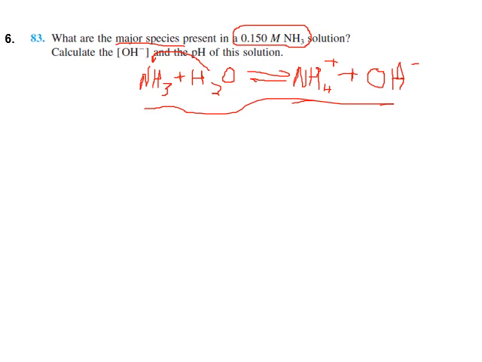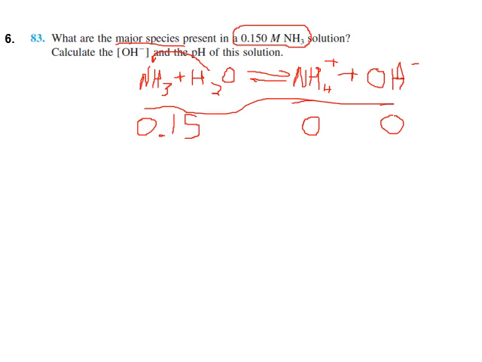And here underneath NH3, we're going to have 0.15. What are we going to have under NH4 plus? Zero, right? And what about OH minus? 0. And is this 1 to 1 to 1 here? Yes.